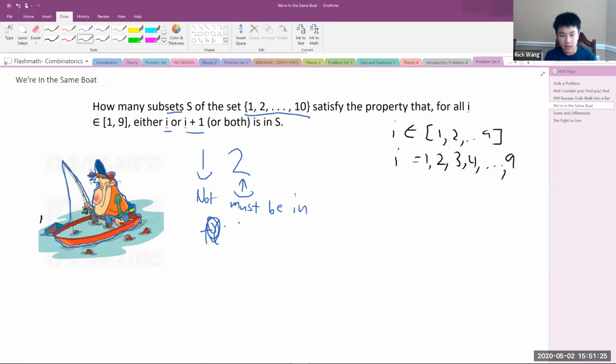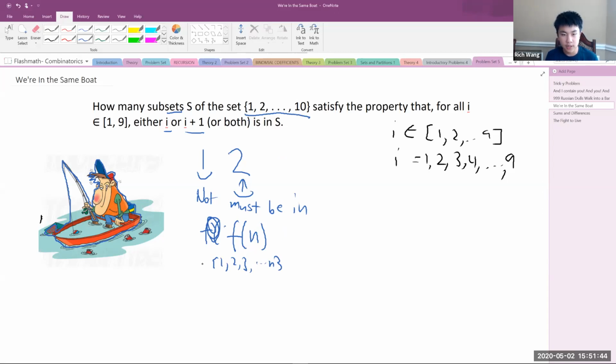So for example, let f of n be the number of subsets of the numbers 1, 2, 3, all the way up to n that satisfies the property that for all i, either i or i plus 1 or both is in S. Let's do some cases on the first few elements.